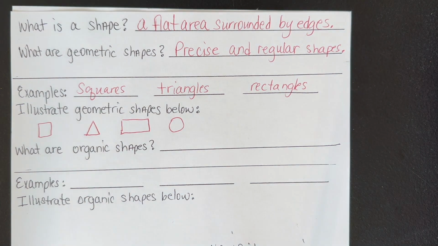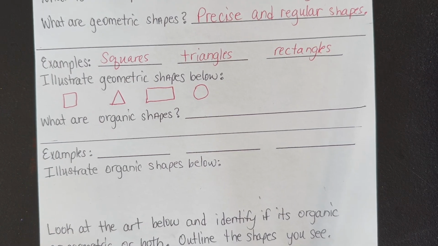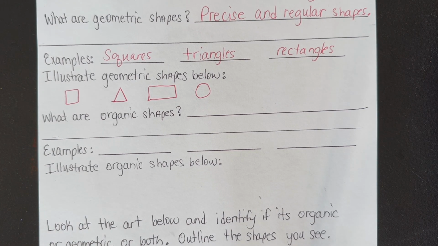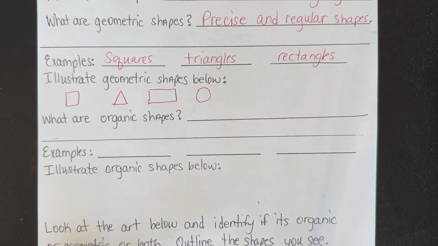All right, so we know what a shape is. We know what geometric shapes are. Let's find out what organic shapes are. So what are organic shapes? Organic shapes are irregular. So geometric shapes are regular. Organic shapes are irregular. They are irregular and imperfect. They are often curved, flowing, unpredictable, and found in nature.